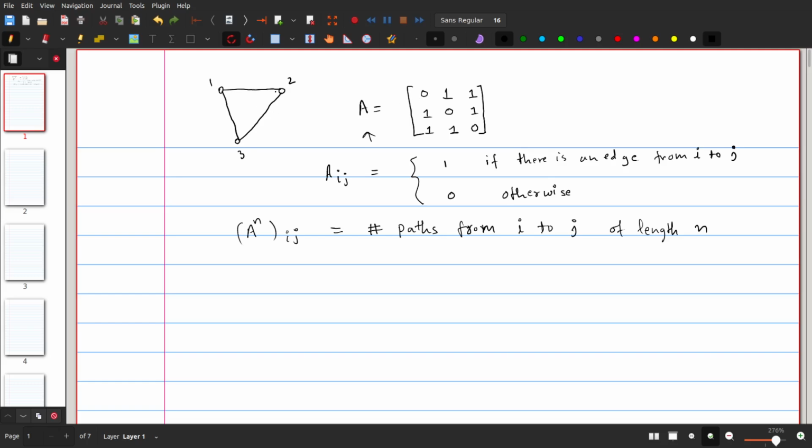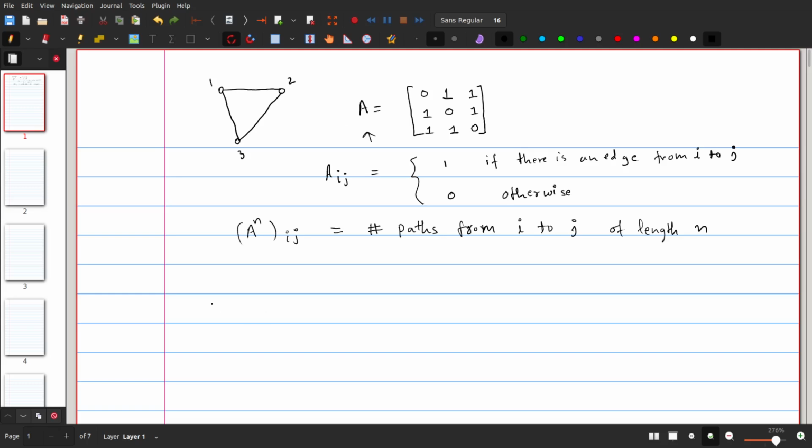There is one path of length 1 from vertex 1 to 2, so this element is 1. Length 1 means there should be only one edge involved. So there is only one path of length 1 from vertex 1 to 3, so this element is also 1. So this is true for the first power.